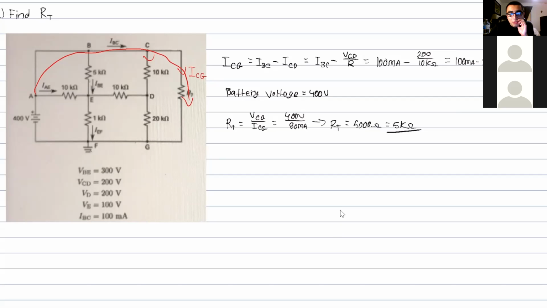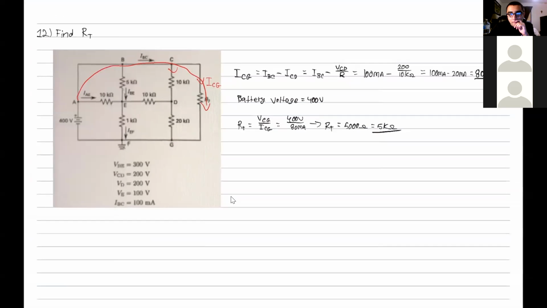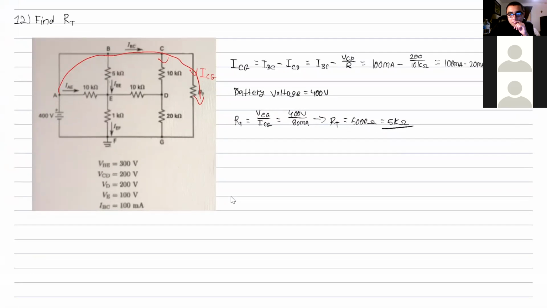I think people are just copying right now, or not copying, but yeah, copying. So we'll give it a couple seconds before I move on to the next one. This is a fat problem.